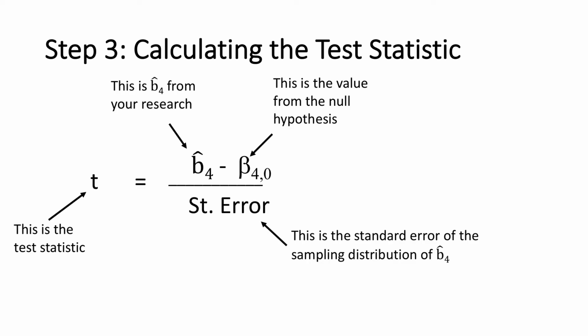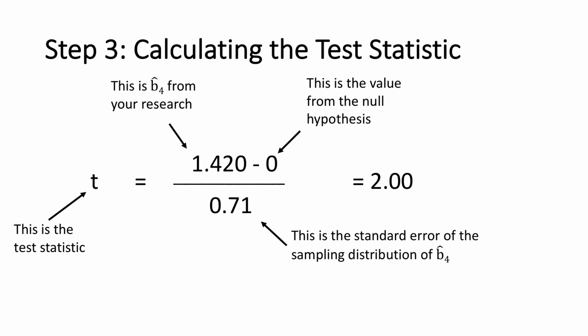The third step of a hypothesis test is calculating the test statistic. So here you see the test statistic T equals B subscript 4 hat. This is the value from your research telling you the effect that attendance has on your test score, minus beta 4 naught. This is the value from the null hypothesis, divided by the standard error of the sampling distribution of B4 hat.